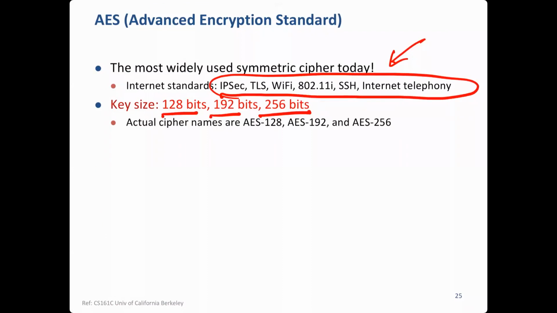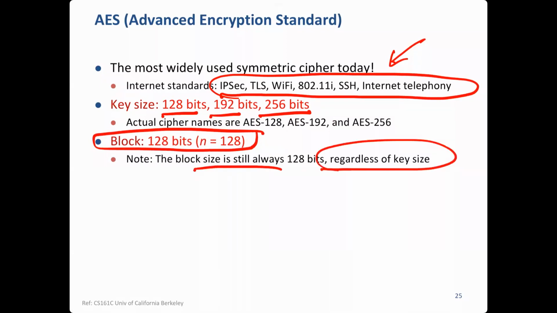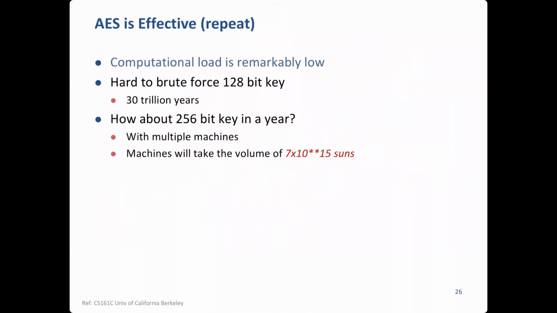And the block size is always 128 bits. That's double the earlier block size in the case of DES. The block size is always 128 regardless of the key size. It has nothing to do with key size, whether you choose 128, 192 or 256. And it's efficient.